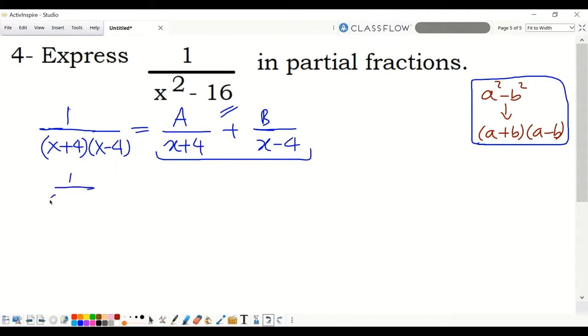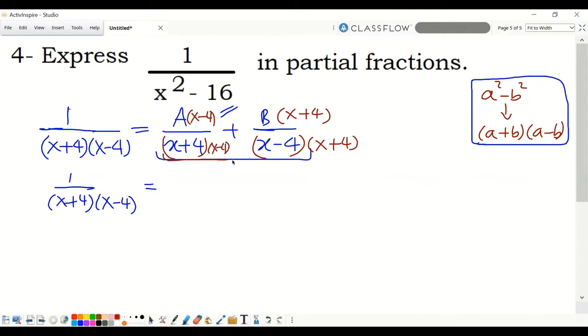So 1 over (x plus 4)(x minus 4) equals, and now for merging, we have to give them the same LCM. So we'll do what? x plus 4 multiplied up, x minus 4 multiplied up, x minus 4 multiplied below. So now they have the same denominator, you can see. So we will write that denominator here.